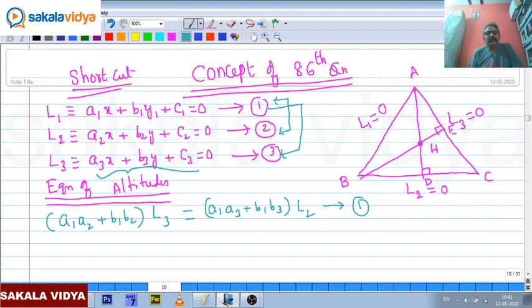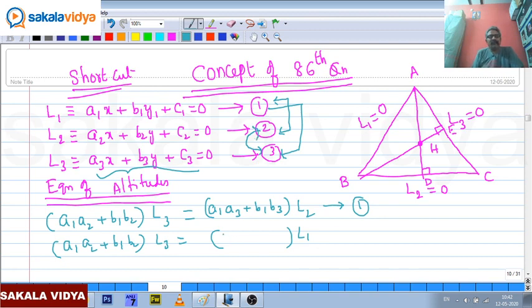Similarly, now you do one thing. Consider these two once again. A1 A2 plus B1 B2 into L3. Now here L1 write down. L1 means if you want to write L1, consider these two equations now.